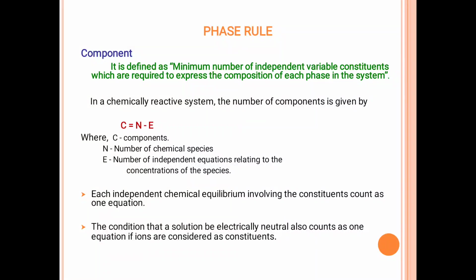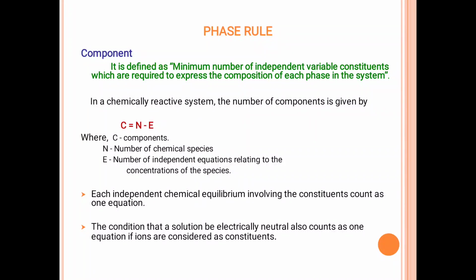Then component. Now we are going to see what is a component. It is defined as the minimum number of independent variable constituents which are required to express the composition of each phase in a system. So if we are considering the water system, it consists of three phases.